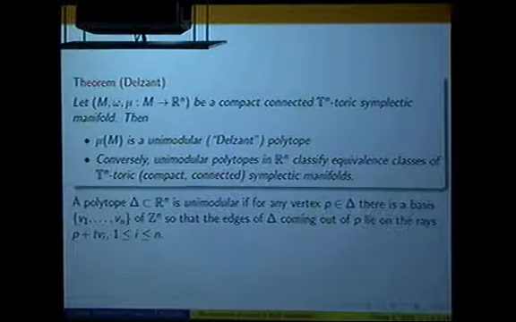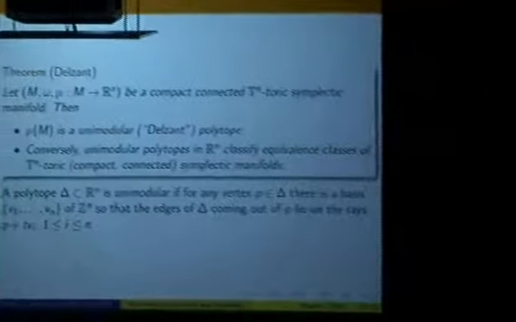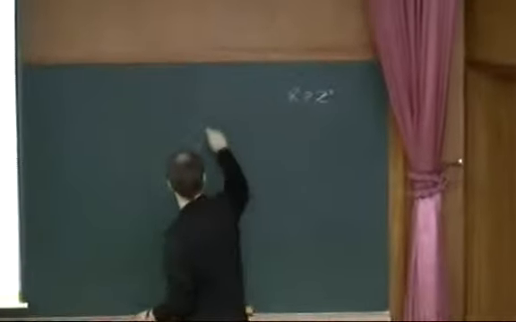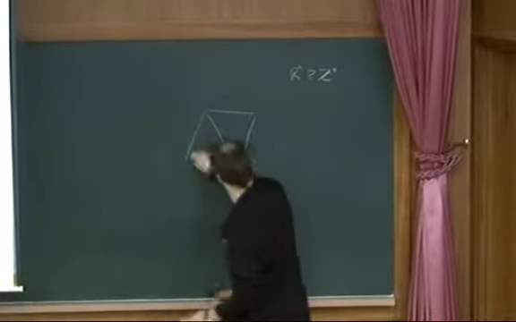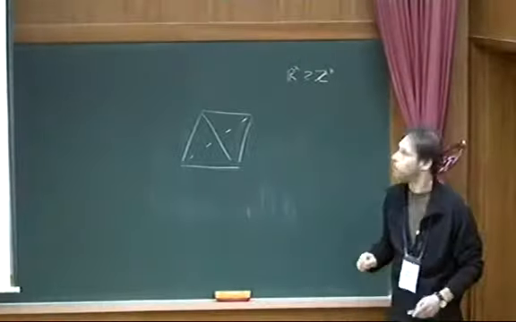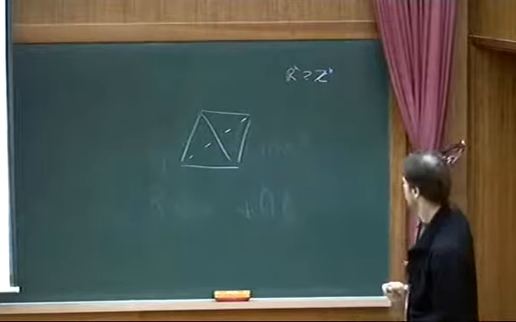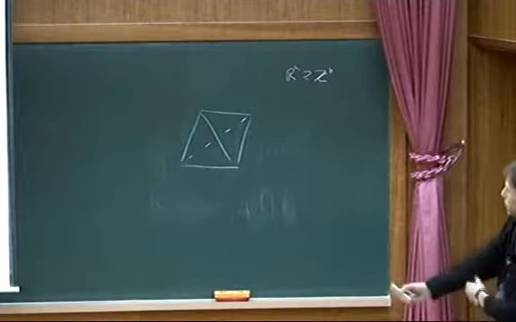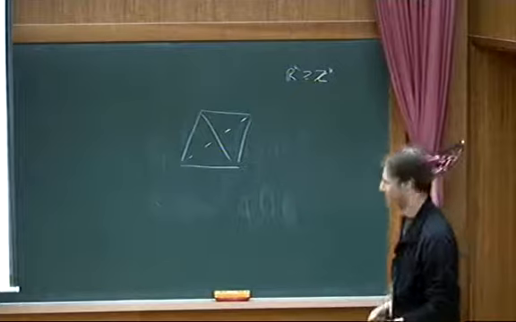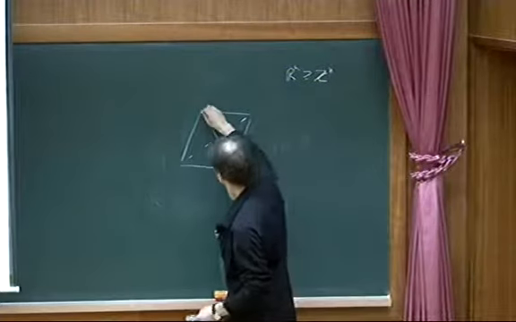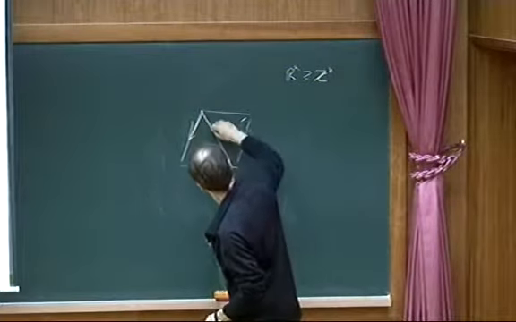So I'll draw a picture again. Right, so the condition you're looking at, so you have R^n. Inside R^n, you have a lattice of integral points. You have some polytope. Yeah, it's visible. Right. So you're looking at one vertex, and you're looking at the edges coming out.